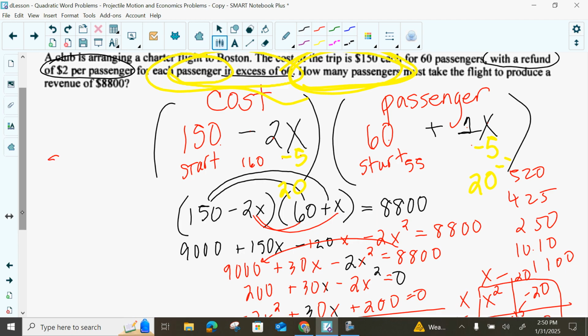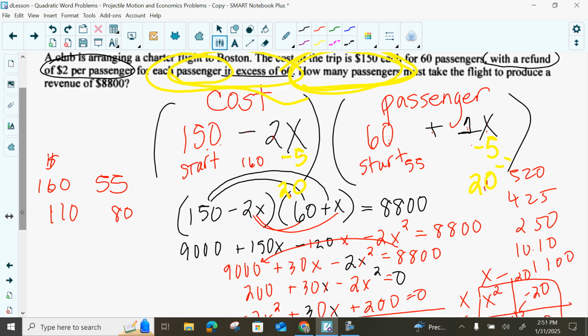So if my cost is 160, I have 55 passengers going. So now if I plug in 20, 60 plus 1 times 20 is 80 passengers. This is a bus, right? 150 minus 2 times 20 is 110.